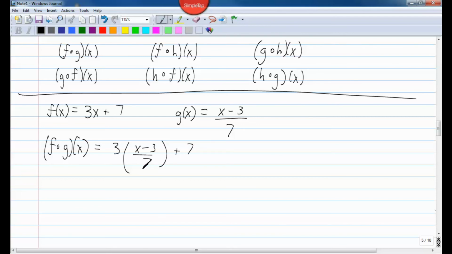In all the other problems we've been working, this denominator right here and what you were multiplying by were the same, so it canceled out. But they aren't the same, so they don't cancel out. So if I wanted to simplify this, I'm going to have to say 3 times both of those. So that's 3x minus 9 over 7 plus 7.